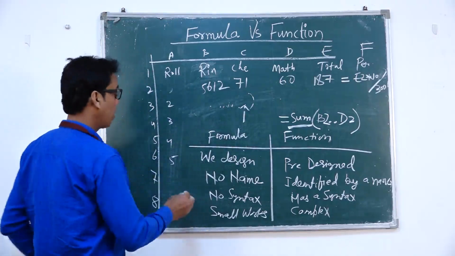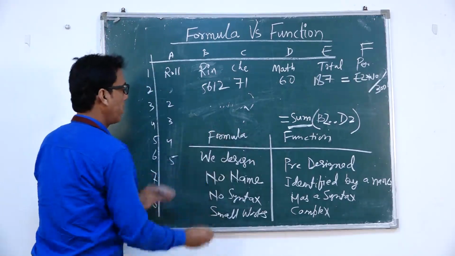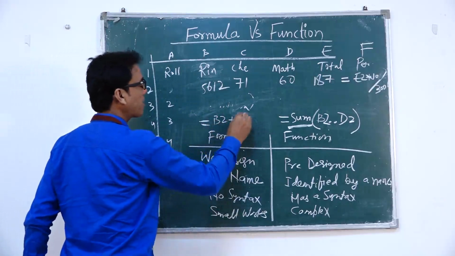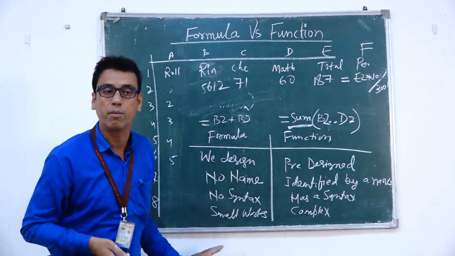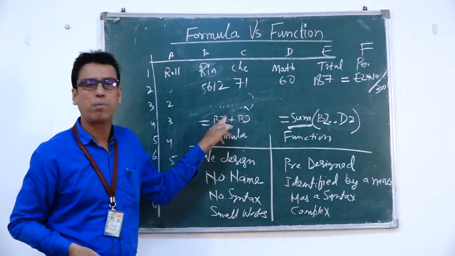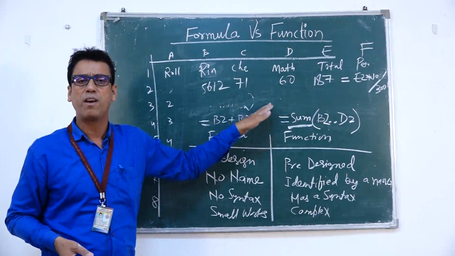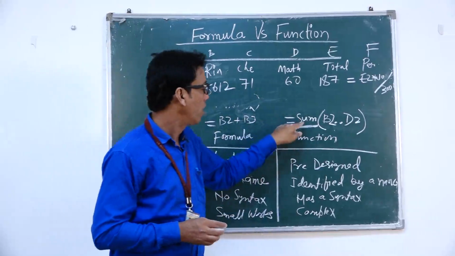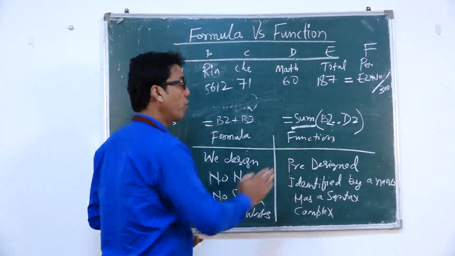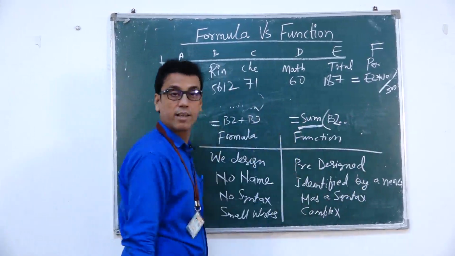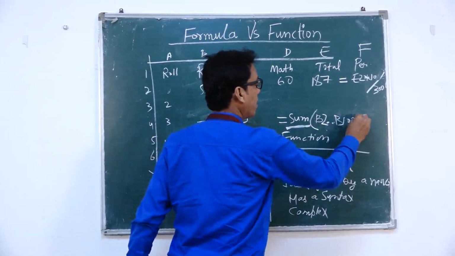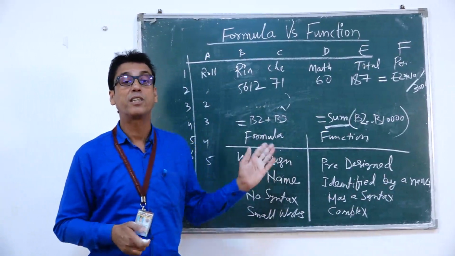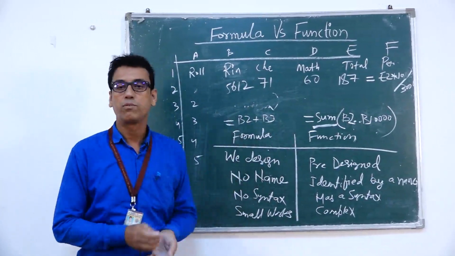Suppose you want to add: equals B2 plus B3. Suppose there are 10,000 data points available. So you keep on typing equals B2 plus B3 plus B4 plus B5, likewise. It will take a lot of time. If you do the same thing with the SUM function, you just put the starting cell address and the ending cell address. You can see, even in the case of addition, the function is thousands of times more powerful than a formula.